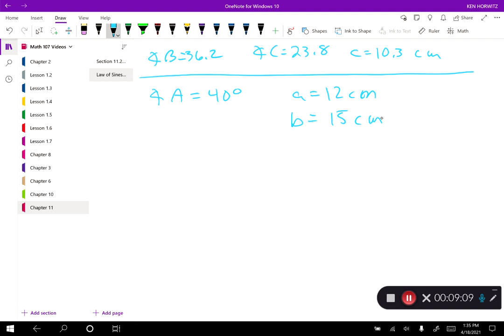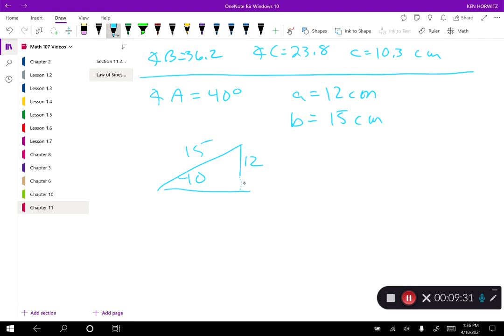The first thing I want to do is find the height of my triangle. I'm going to draw it just so I can see what I'm looking at. So I got 40, I got 12, I got 15, and this doesn't necessarily reach the bottom, but it could.